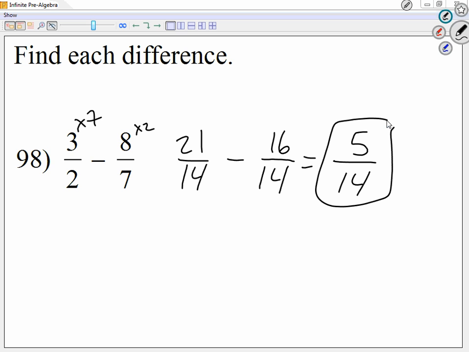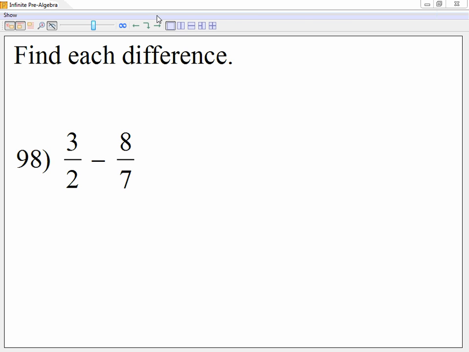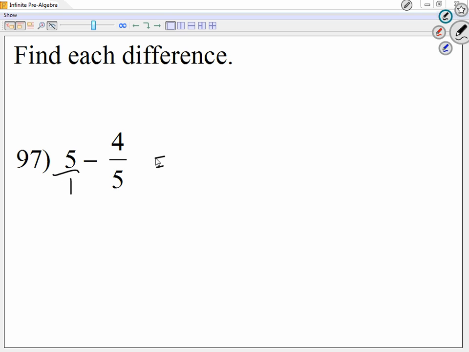I said I was going to come back to 97. So let me come back to 97. When you have a number that is not a fraction, you can easily make a fraction by putting a 1 at the bottom. So now it is a fraction. It is not common denominator. Which one's the smallest number that both 1 and 5 go into? 5. So my common denominator will be 5. For the first one, how many times does 1 go into 5? 5.